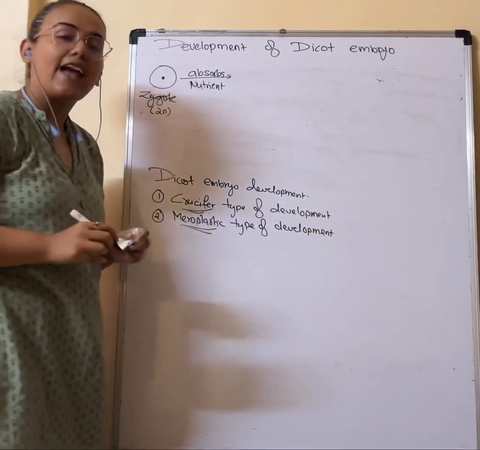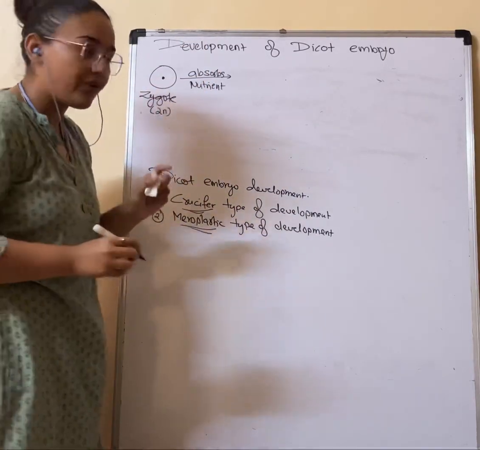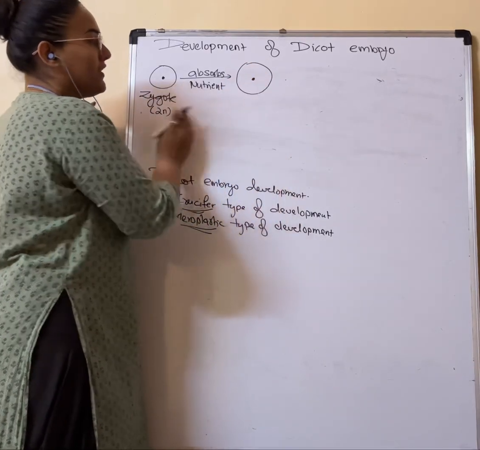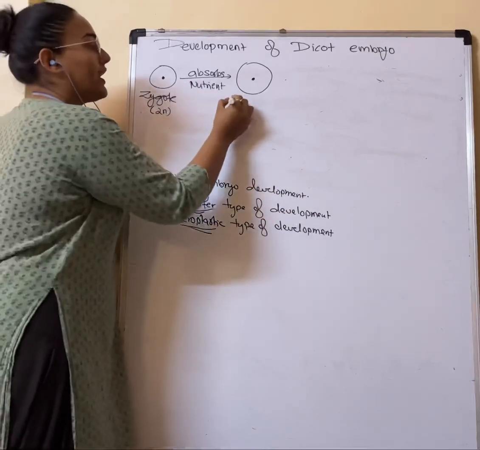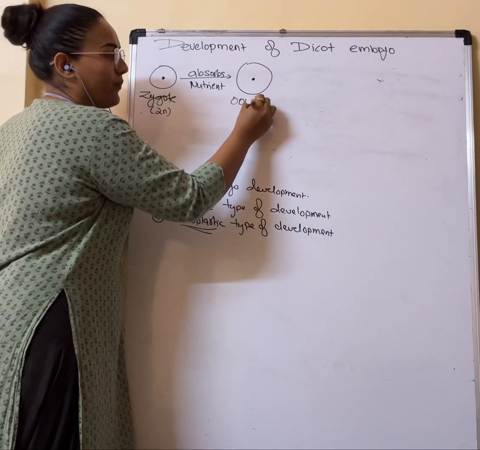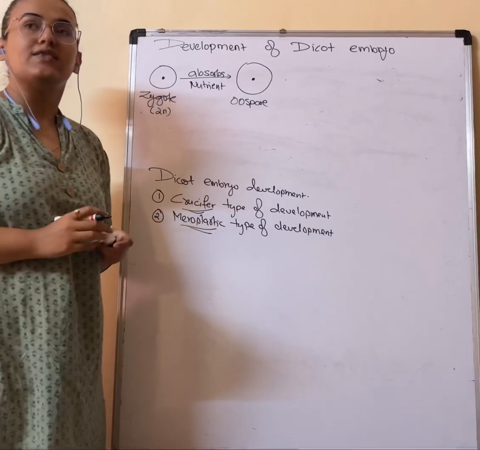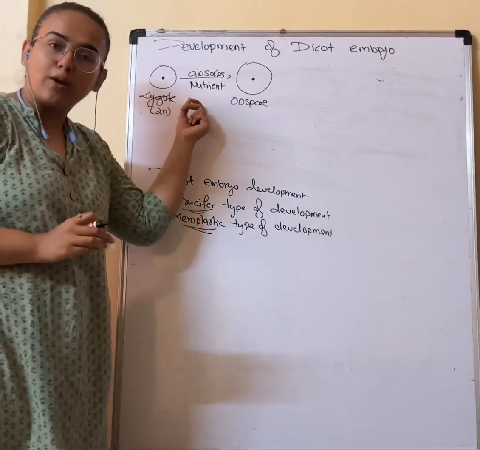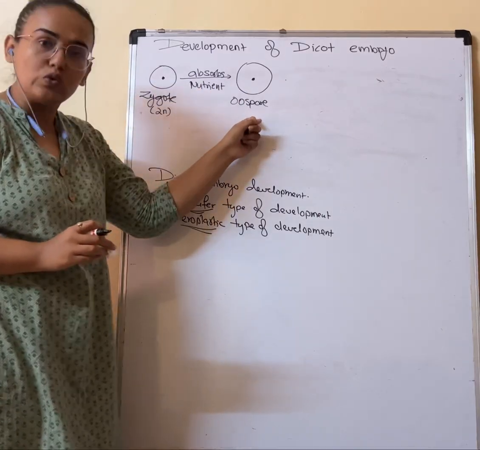As the zygote absorbs the nutrient, it will get larger in size and the resultant structure is called an oospore. Zygote absorbs the nutrition, develops into the oospore.